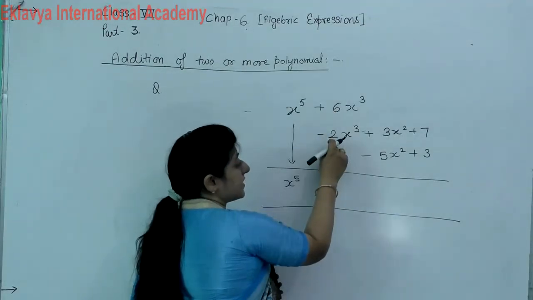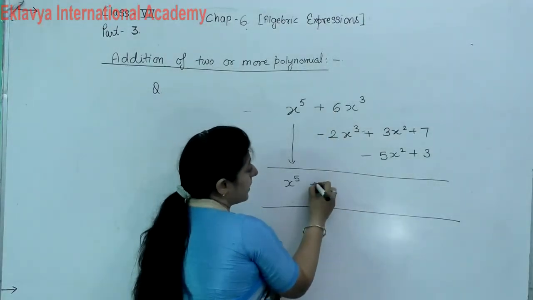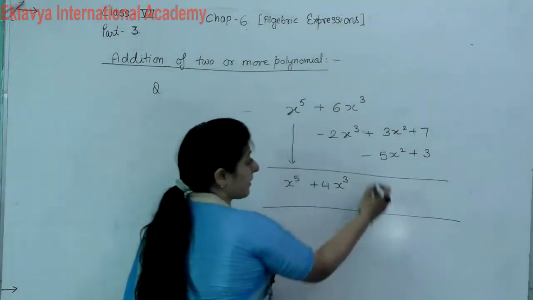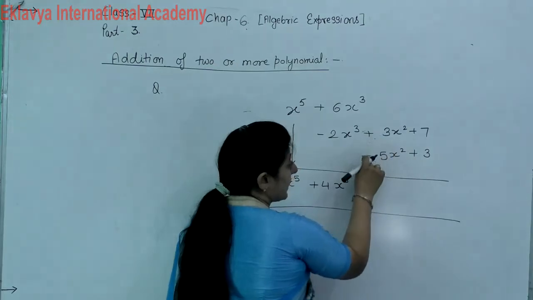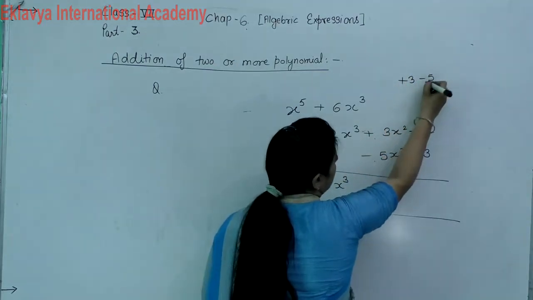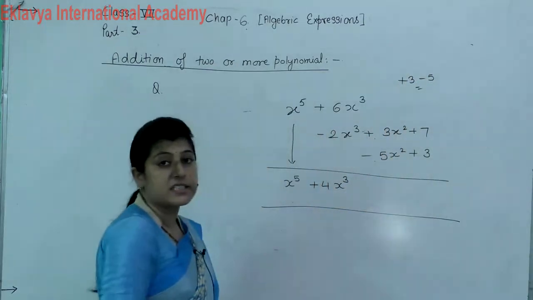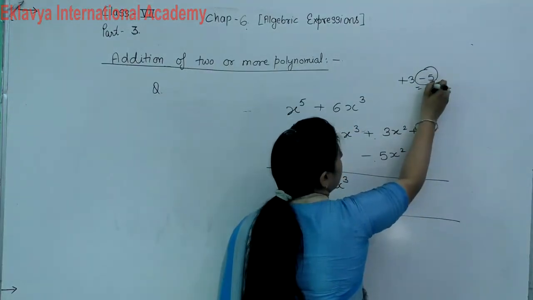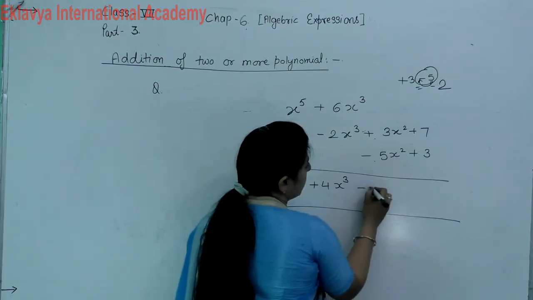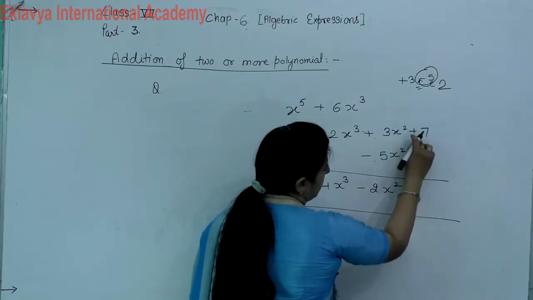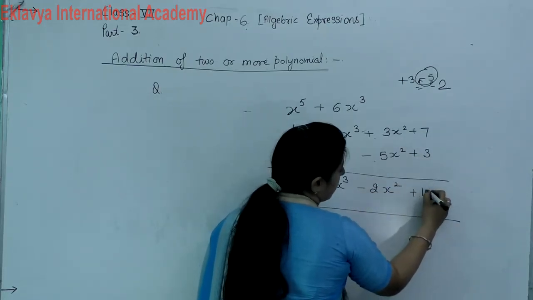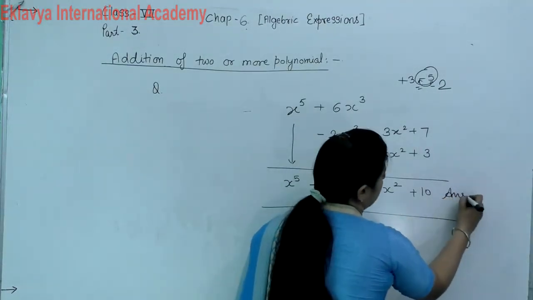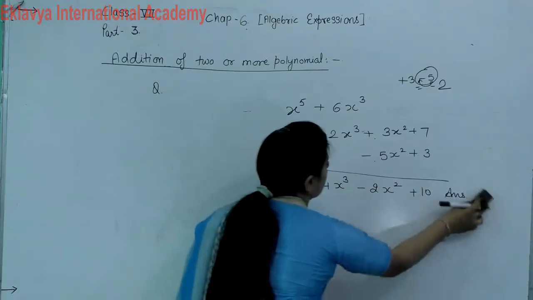Plus 6 minus 2 plus 4, and the term is x power 3. Now see this one, plus 3 minus 5. Obviously plus minus minus, then 5 minus 3 is equal to 2, but with the greater value there is a negative sign, so the answer will come negative. Plus 7 plus 3, 10. This is our answer. This type we will solve the addition of given polynomials.